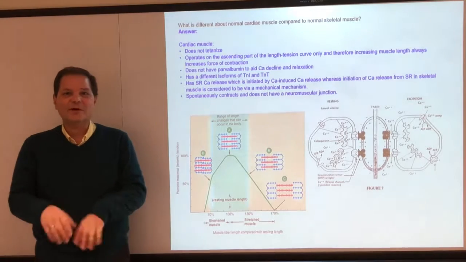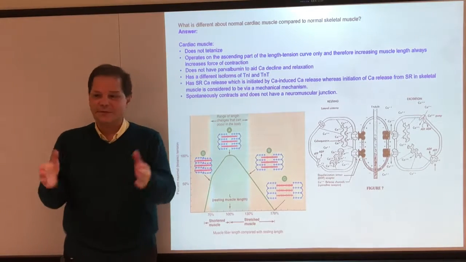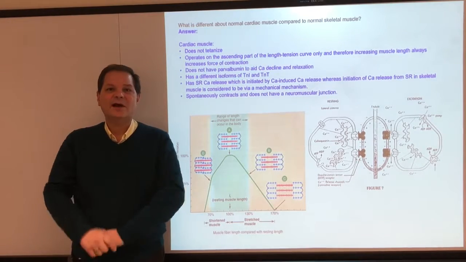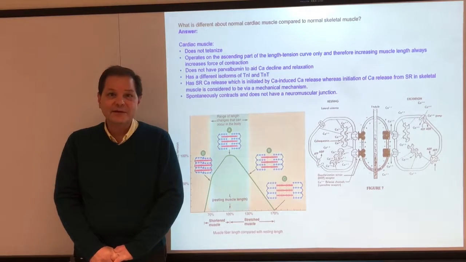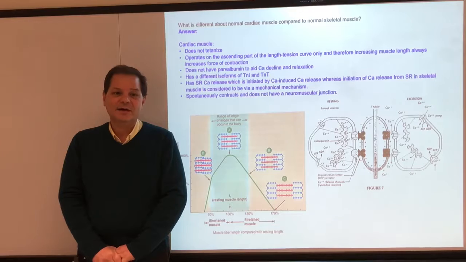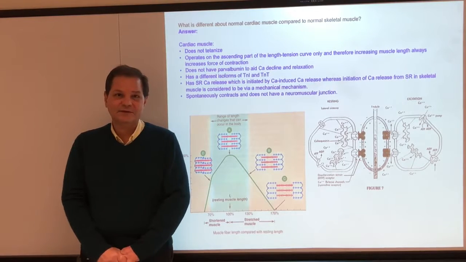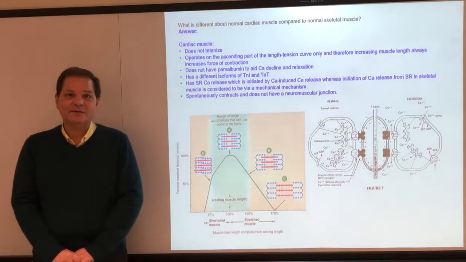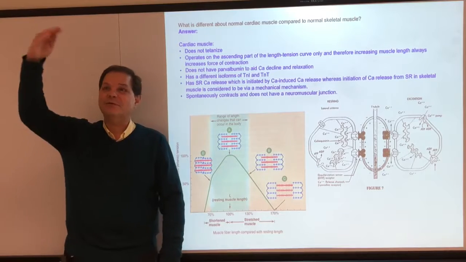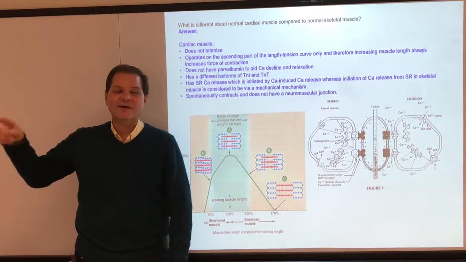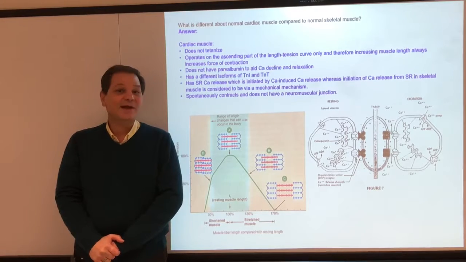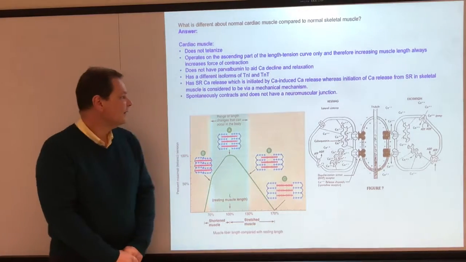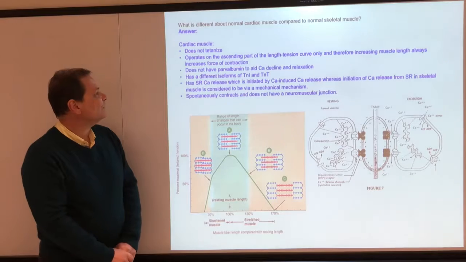You can't do that with cardiac muscle because the action potential is much too long, and you're actually partly or fully relaxed by the time the end of the cardiac action potential takes place. Certainly you're partially relaxed, and therefore you can't build by firing repeated action potentials because you'll always get some relaxation before the next action potential can be fired. That's a quick review of that.